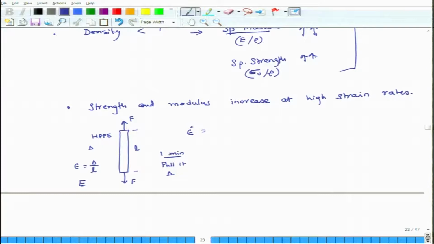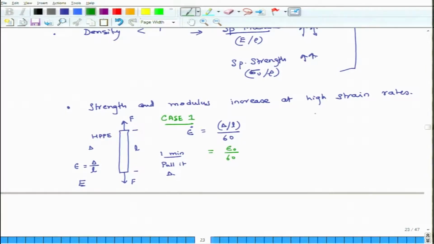Delta over L is the total strain, and I have pulled it over 60 seconds. So, this is case 1. In this case the strain rate is epsilon naught divided by 60.